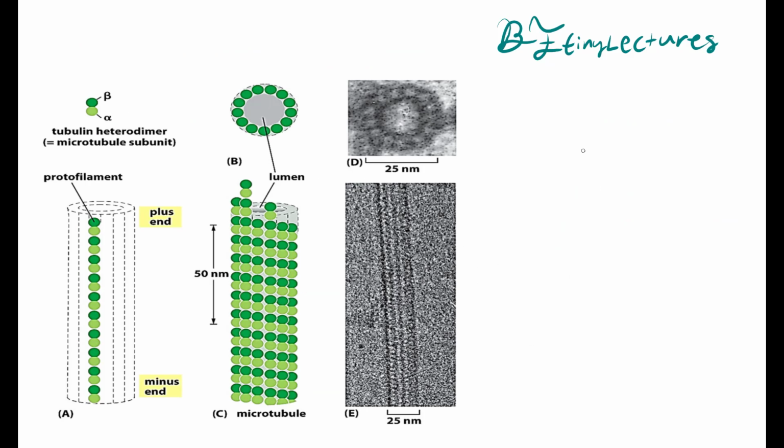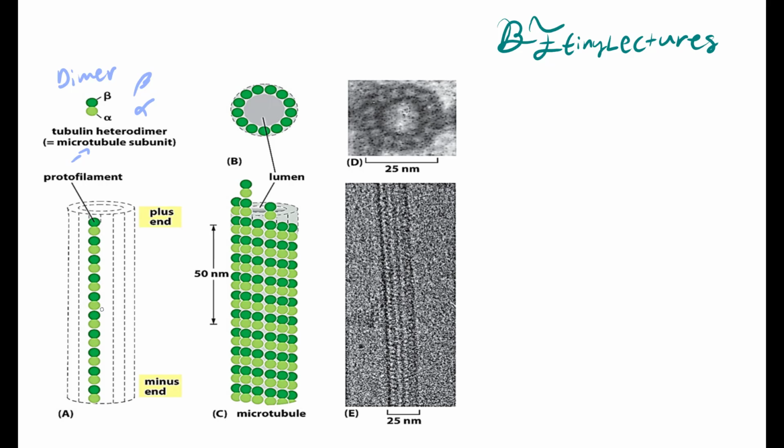However, first we have to ask ourselves, what is a microtubule made of? How is it made? Well, again, the microtubule is made from a dimer, and a dimer means two parts. So here we have the beta part, and here we have the alpha part. Now, these beta and alpha components make a heterodimer, okay, and this is called a microtubule subunit.